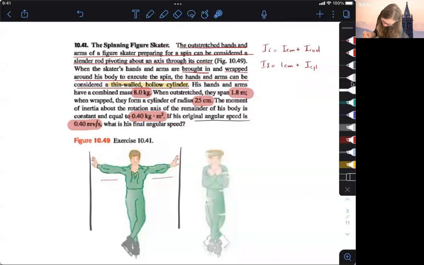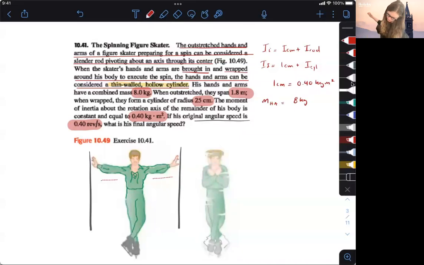Okay, so we're given this constant I_CM value of 0.40 kilograms meters squared. Then we're also given the mass of his hands and arms, which is equal to 8 kilograms, okay? And then we're given the radius of both.